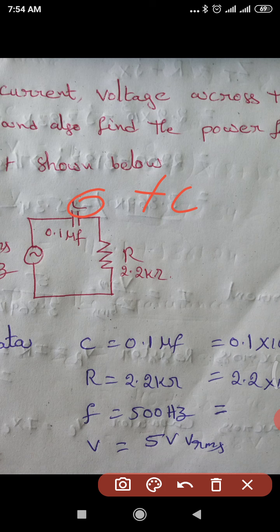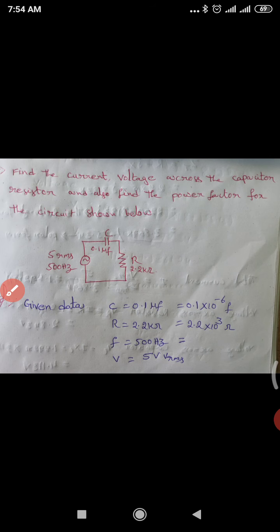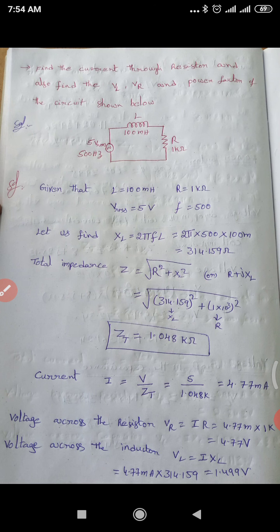This is a very important point we have to remember while calculating the RC circuit, and not only the RC circuit, the RL circuit also. So let us see another problem on the RL circuit.